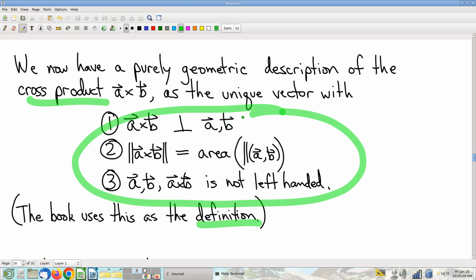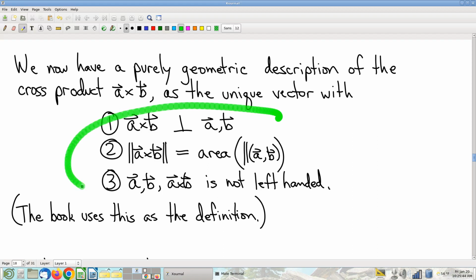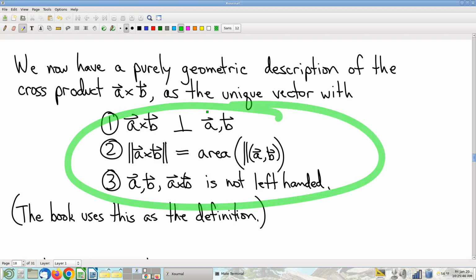It really doesn't seem that way to me, right? It looks like a kind of weird thing, something whose magnitude is the area and right-hand order, and I don't know, it's just not clear why this is something I'd want to talk about. So, to me, the advantages are low and the disadvantages are high. Again, it's just an opinion, but be aware that is how the book approaches this. Okay. We're going to view this as just kind of a nice summary of quick facts about what we know about the cross product. Okay.